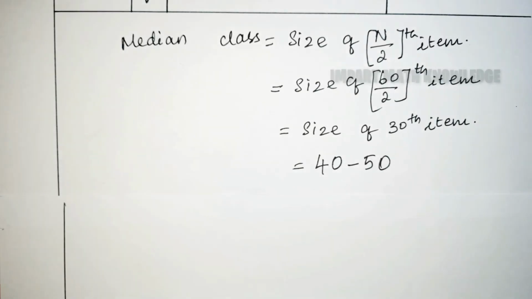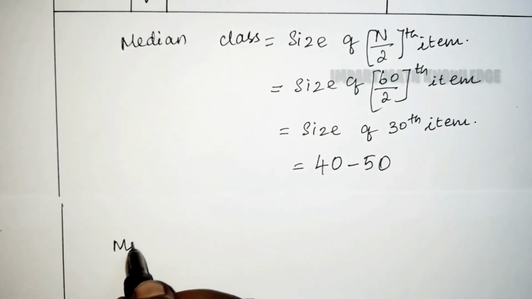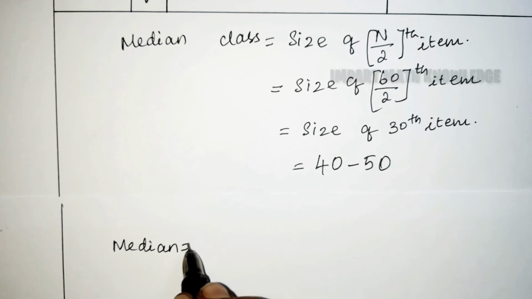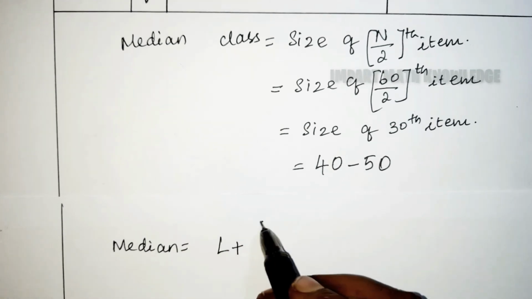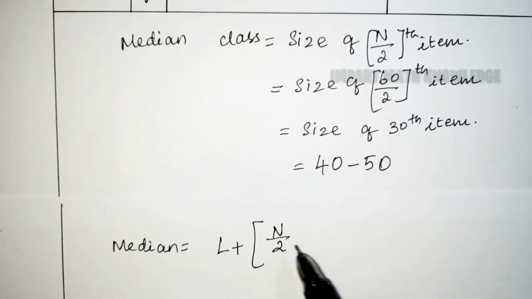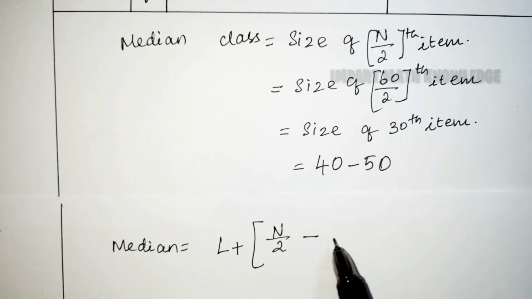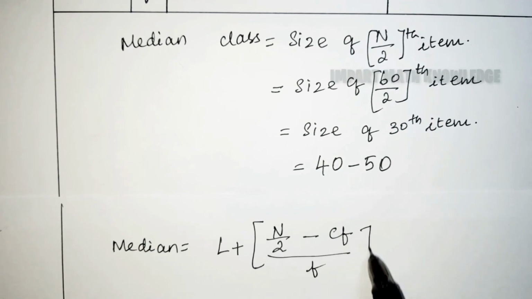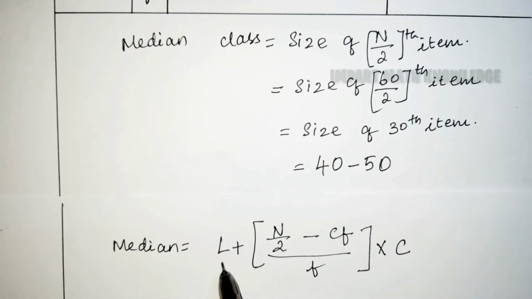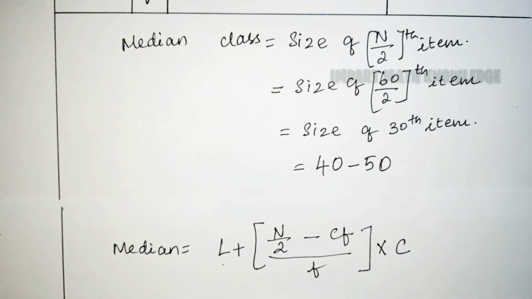Now median is equal to L plus n by 2 minus cumulative frequency divided by frequency into C. L is lower limit of the median class.